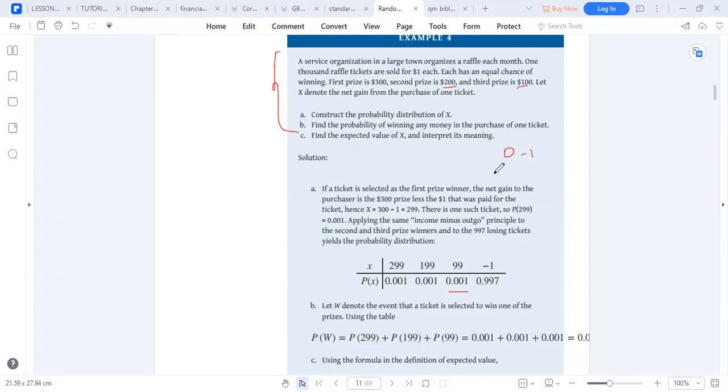So we apply the principle of losing a ticket: -1, with probability 997 over 1,000. This is what we call the probability distribution.